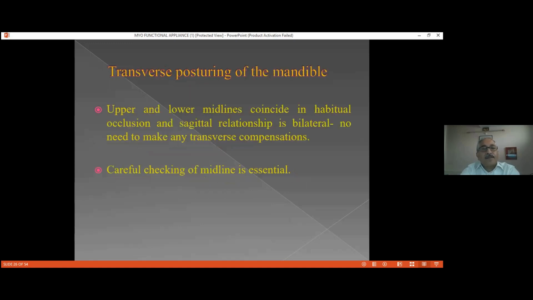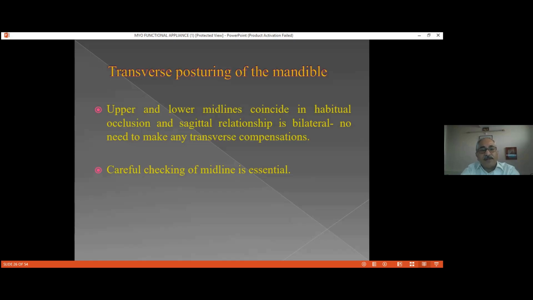Now, transverse posturing of the mandible: the upper and the lower midlines coincide in the habitual occlusion and the sagittal relationship is bilateral, so there is no need to make any transverse compensation. We can make the transverse compensation to an extent where we can coincide the midlines, and that too within the limit of the habitual occlusion, not beyond that.